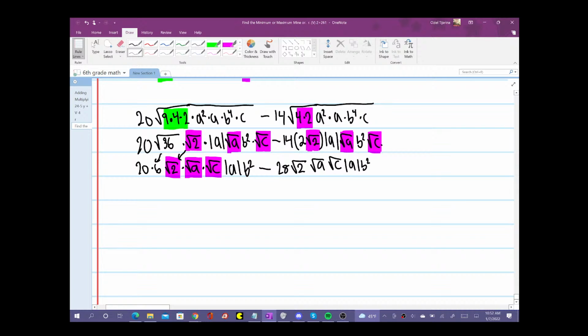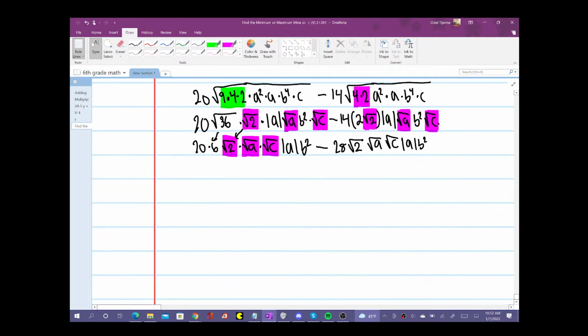So now we do 120 times the square root of 2ac times the absolute value of a, b squared, minus 28 square root of 2ac, absolute value of a, b squared.